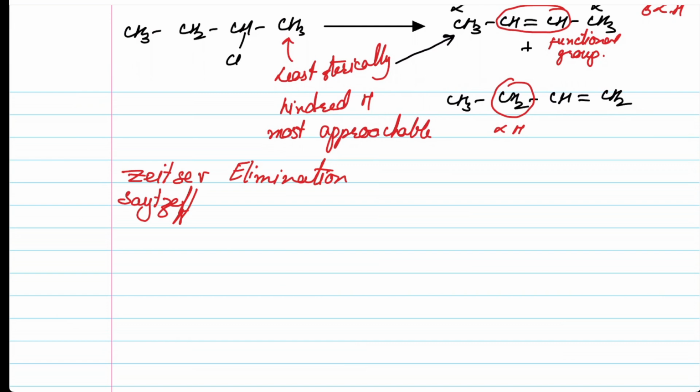And a reaction in which the alkene is formed by the elimination of the least sterically hindered or the most easily approachable hydrogen is termed as the Hofmann elimination. It's not that each of the reactions is going to be done in the same manner.